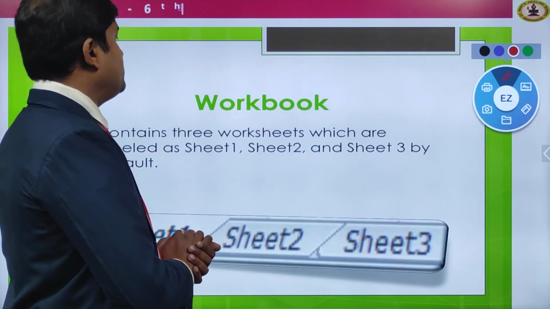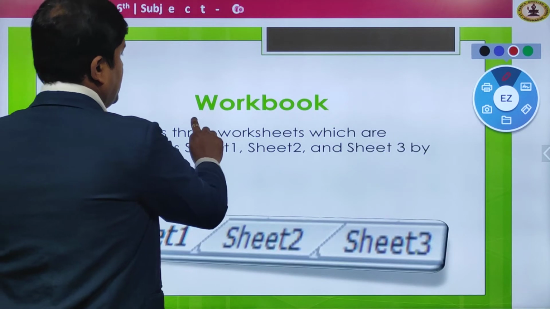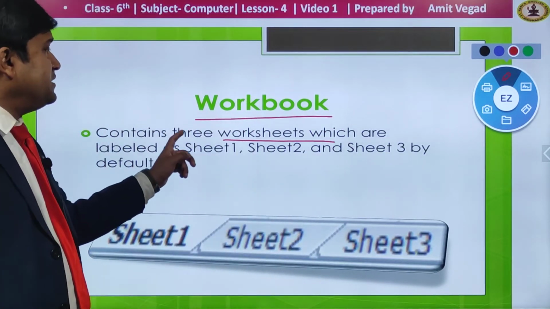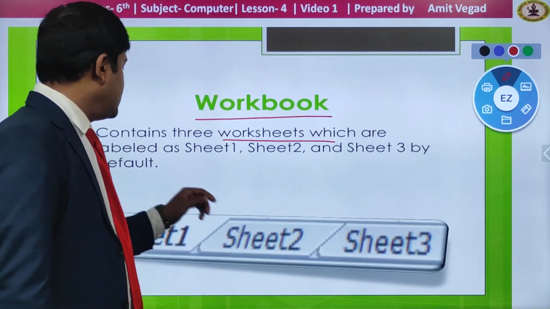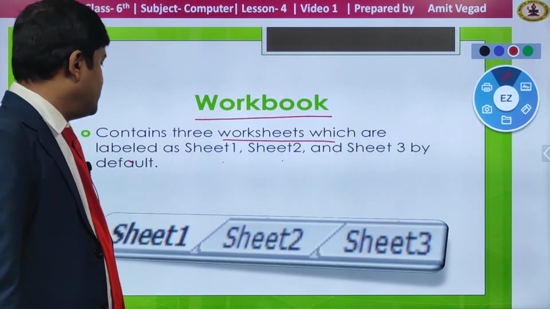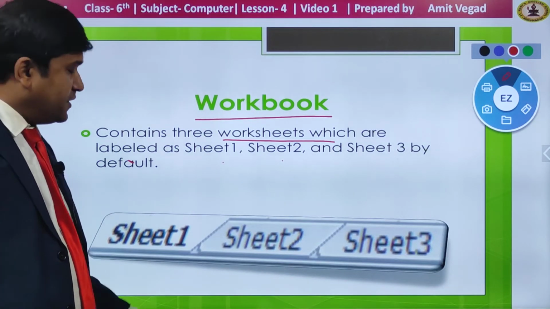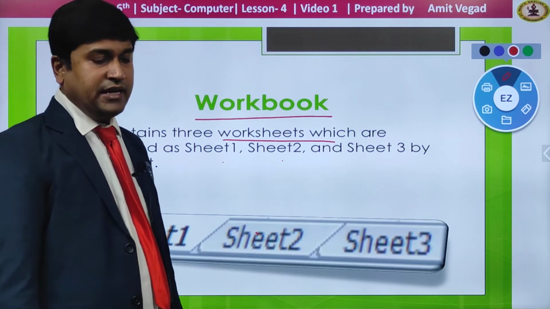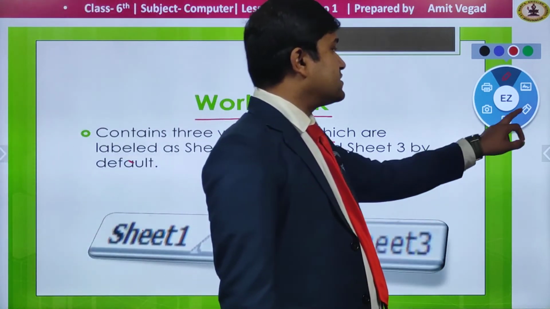Now we are going to see the definition of workbook. It contains three worksheets, labeled Sheet 1, Sheet 2 and Sheet 3 by default. If you want to give a name, it is possible: right-click and apply the name to any worksheet.